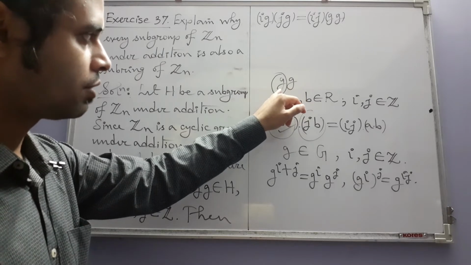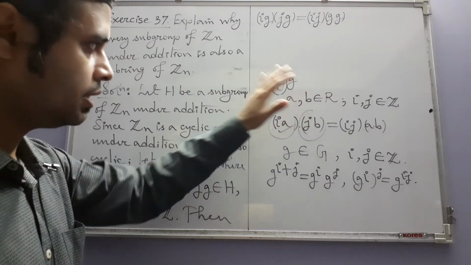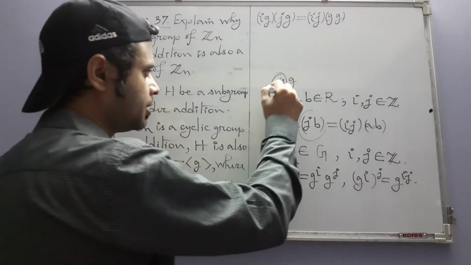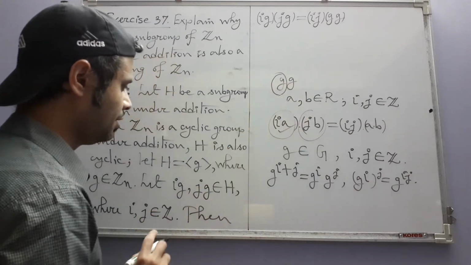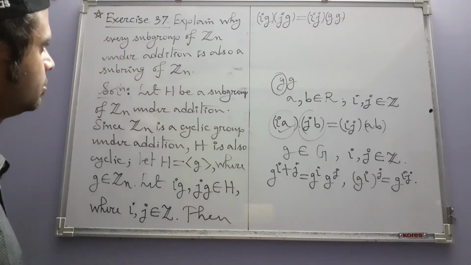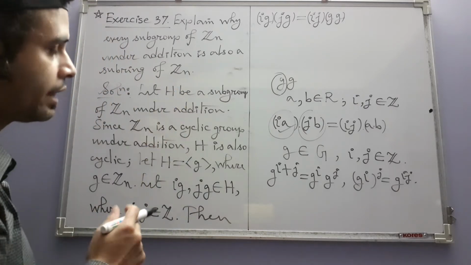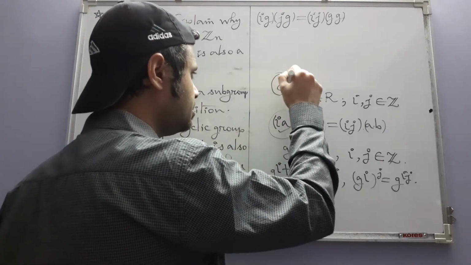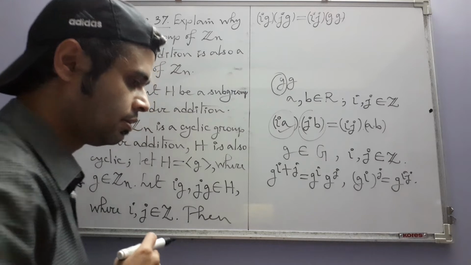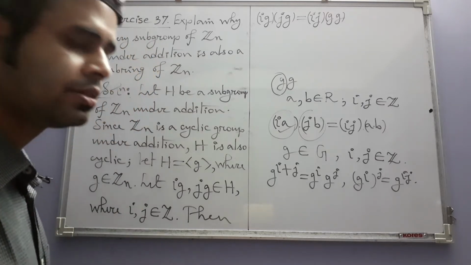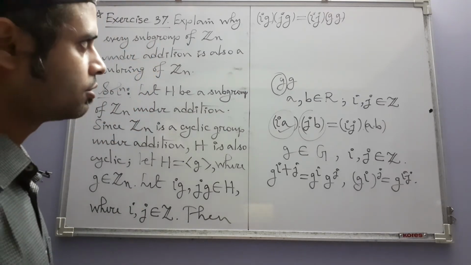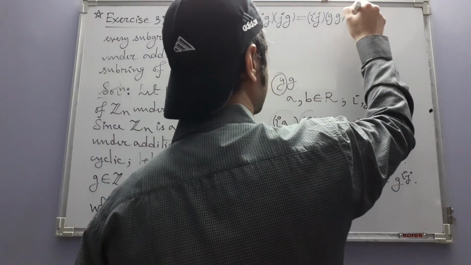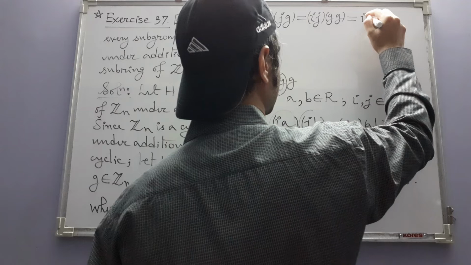So if for example g is a positive integer, then actually g will be a positive integer, because it is coming from Z. It can be 0 also. Say g is a positive integer, then this means adding g copies of g. So if you interpret this thing like this, then you also get this.